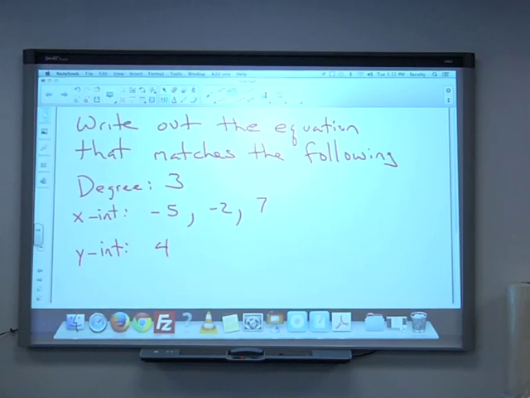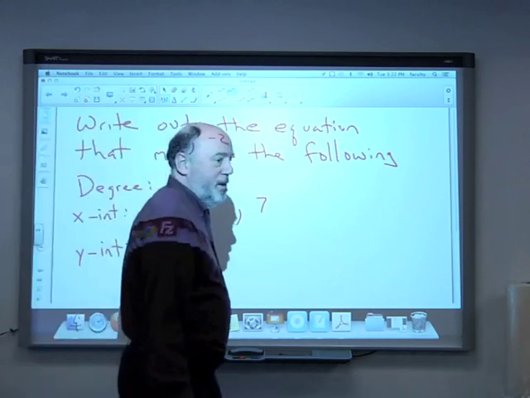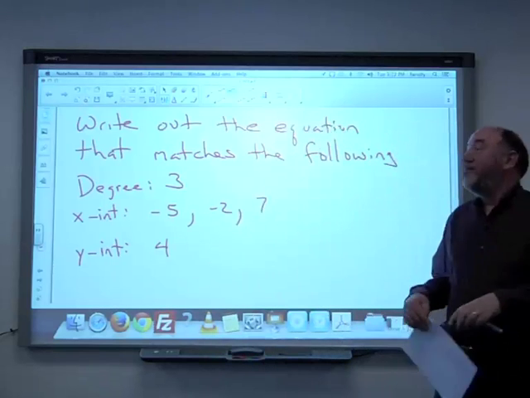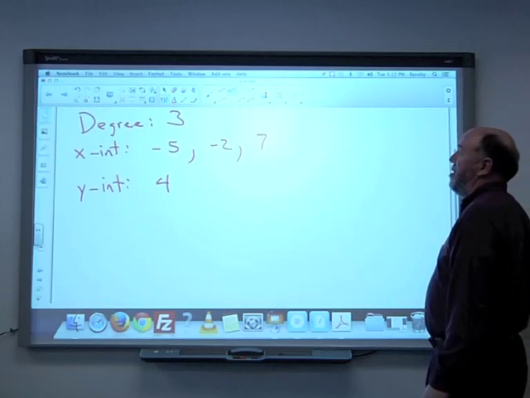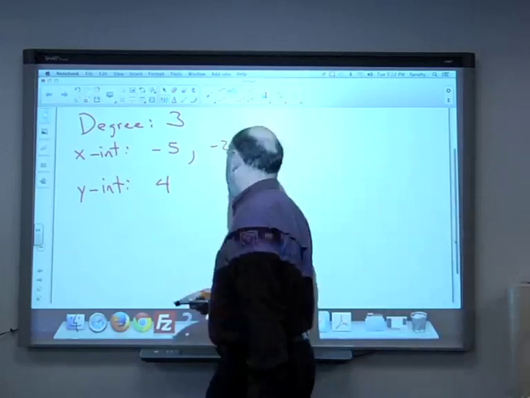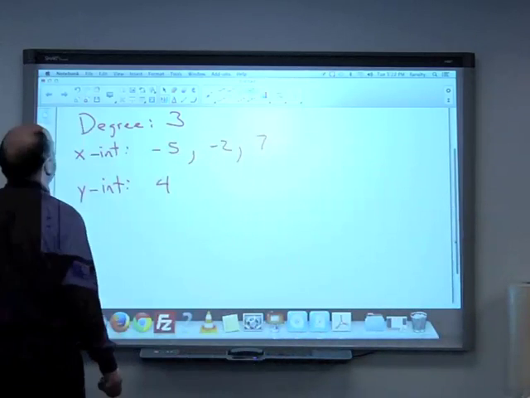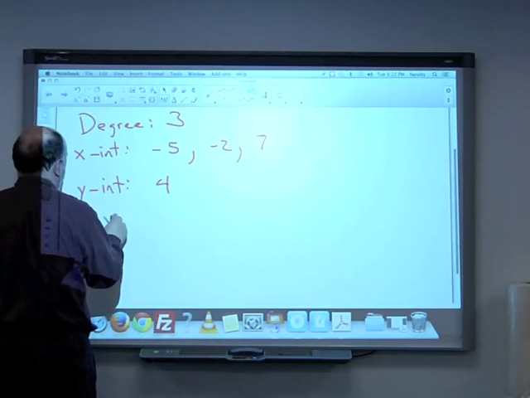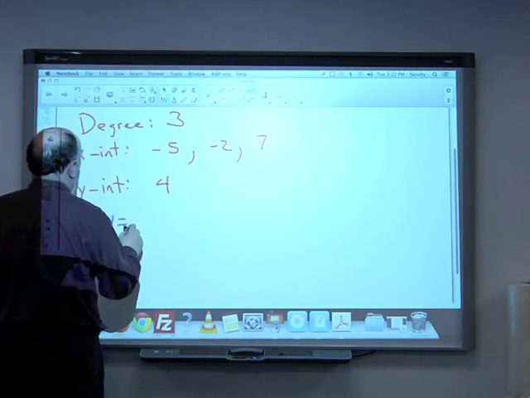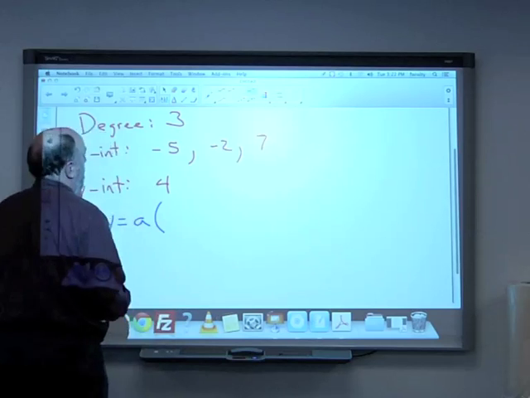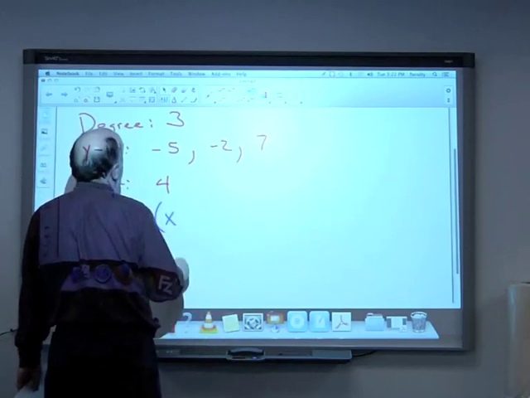Now I want to come up with a polynomial that will match this. We're going to be able to do it in just a few moments. Given that it is degree 3, my equation will be in this form. Let's do different letters here.